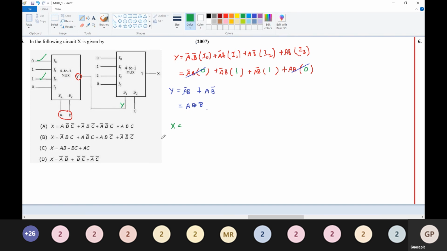I'm going to write it as Y dash C dash into I naught plus Y dash C into I1 plus Y C dash into I2 plus YC into I3.